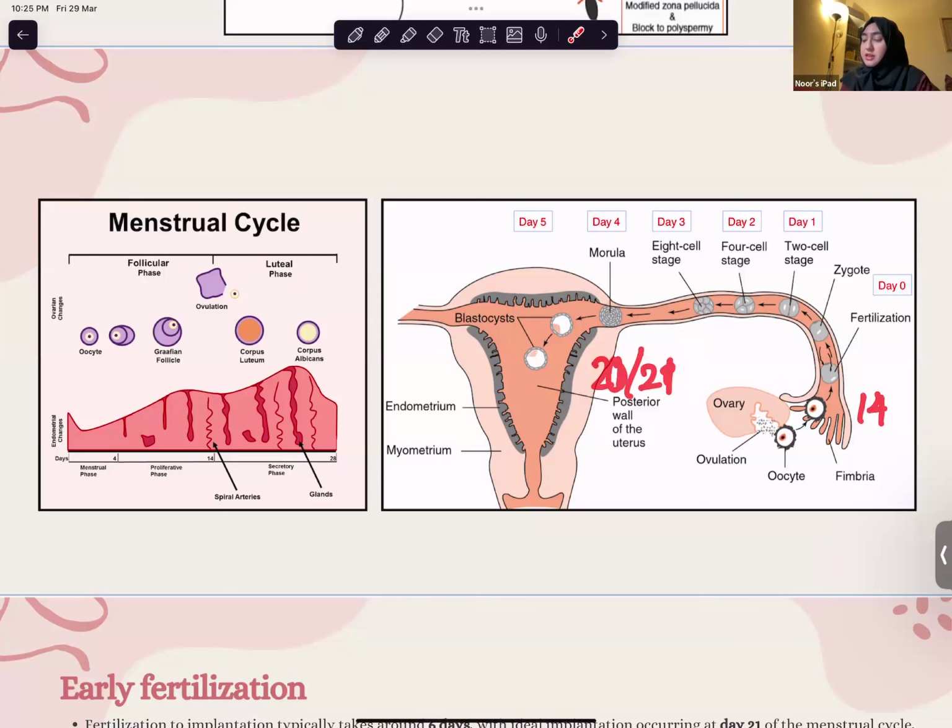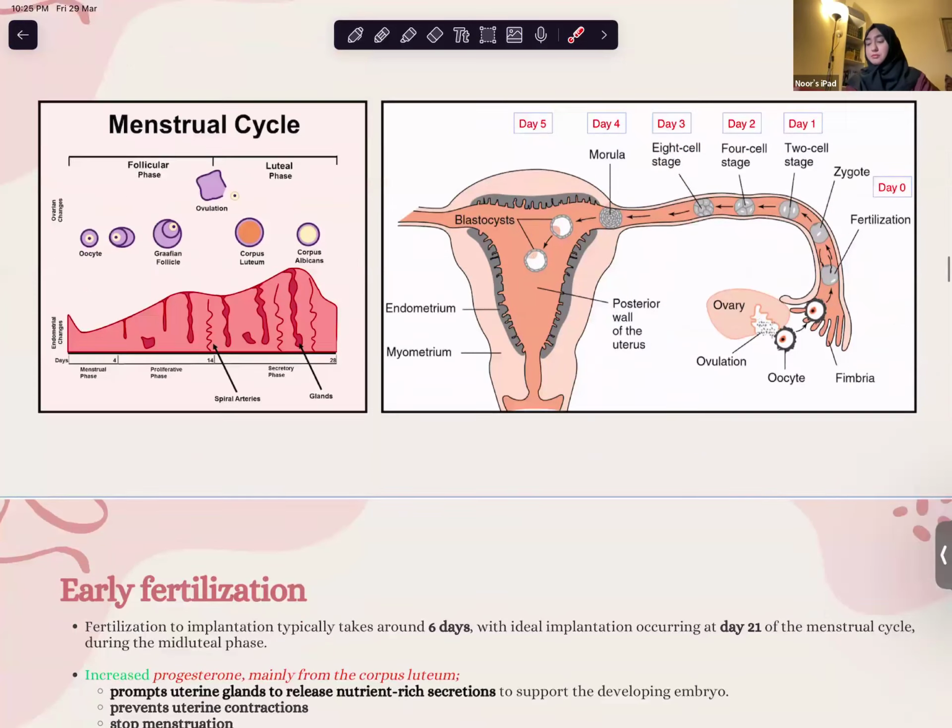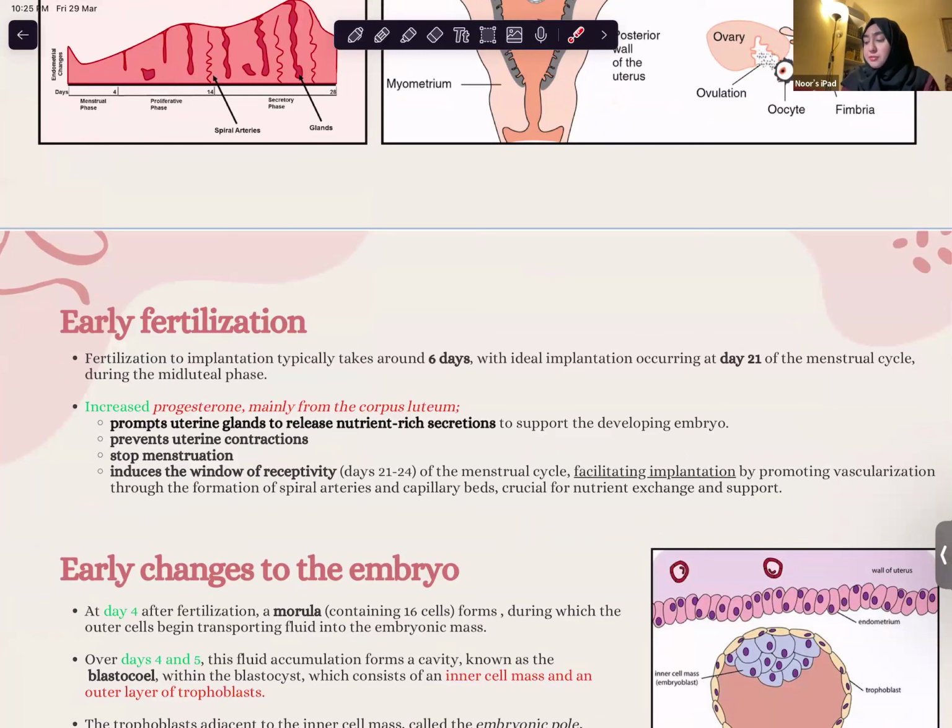So when fertilization occurs typically around day 14 or 15, approximately it's 6 days in between. There can be plus minuses, with ideal implantation occurring around day 21 of the menstrual cycle. Again, it can be plus minus 20, 21, 22 days, but remember that it's day 21.